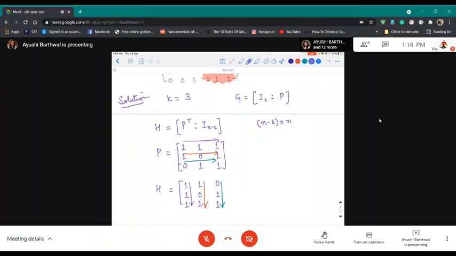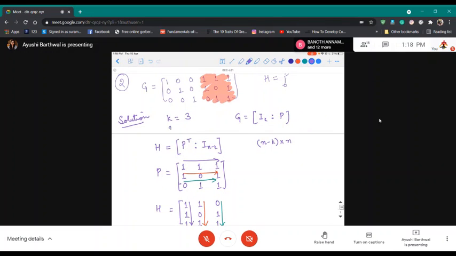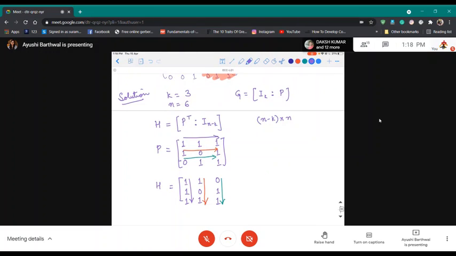And then you have to write the identity matrix of the order n minus k. And n over here is 6. So therefore n minus k will be of the order of 3. हमने identity matrix लिखनी है तो 3 cross 3. Okay, diagonally it would be 1 and other elements 0.